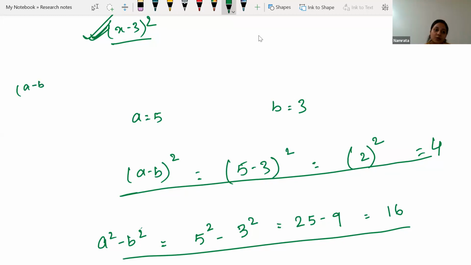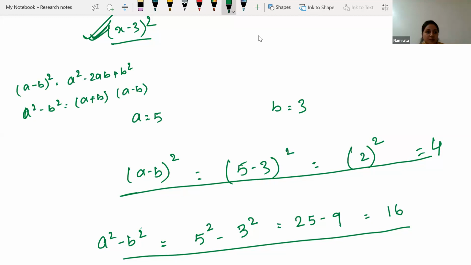(a minus b) whole square formula is a square minus twice ab plus b square. And a square minus b square formula is (a plus b) in one bracket and (a minus b) in another bracket. We will not get confused with these two formulas.